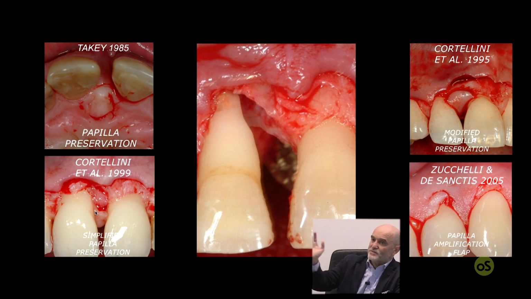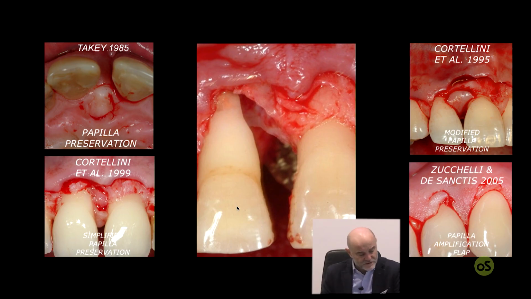Then everything goes back, and the surgical papilla that belongs to the buccal flap is closed against the supracrestal connective tissue in its original position. This is called the simplified papilla preservation approach.